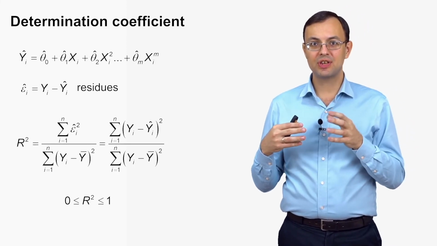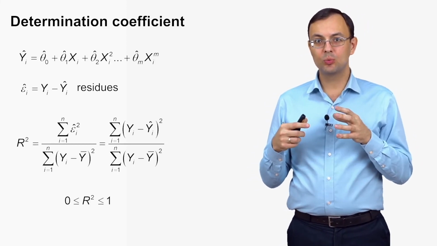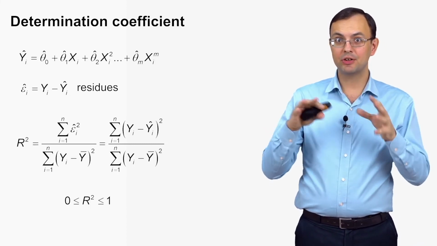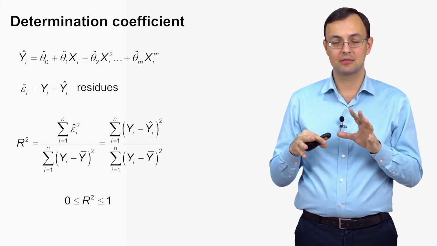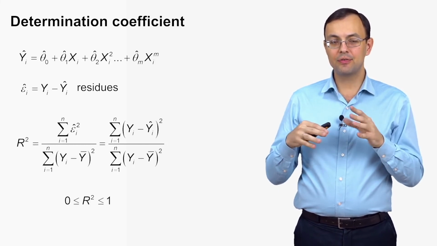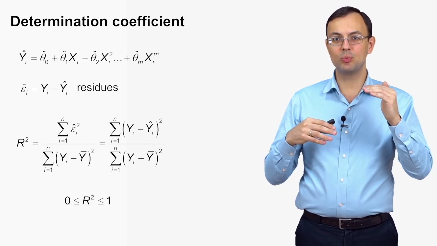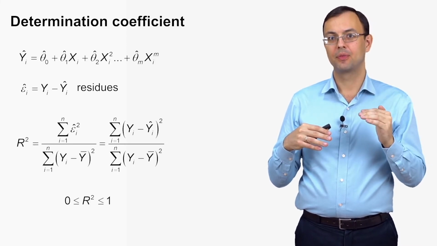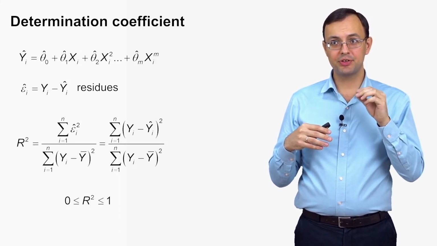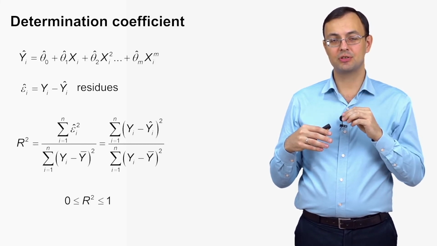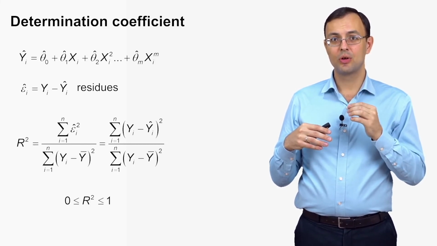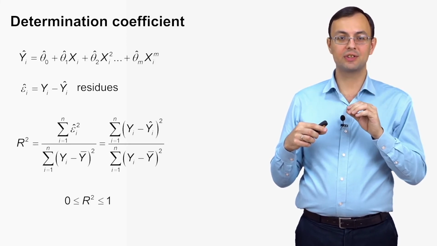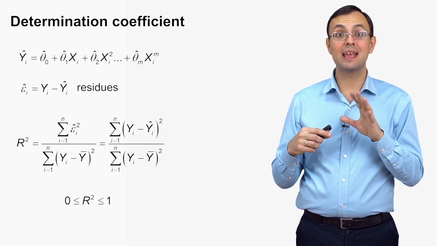So, for example, we know that y partially depends on x and partially depends on something else. And so to what degree can we explain y when we know x? So this is what the determination coefficient tells us. So for example, if r squared is like 0.8, what does it mean?